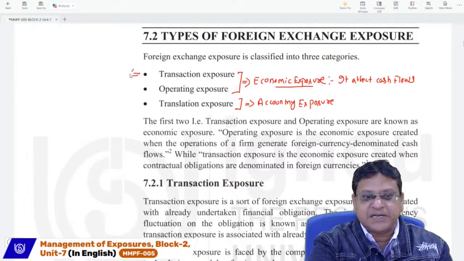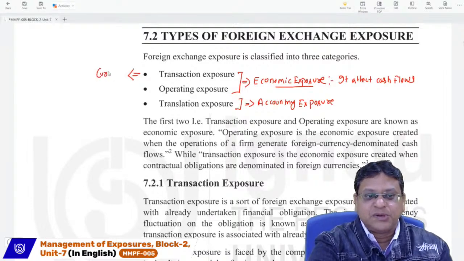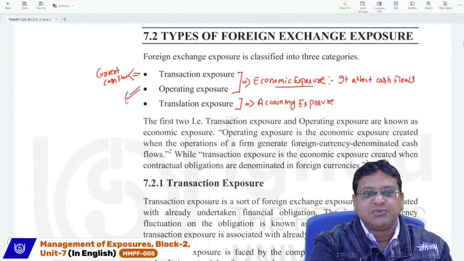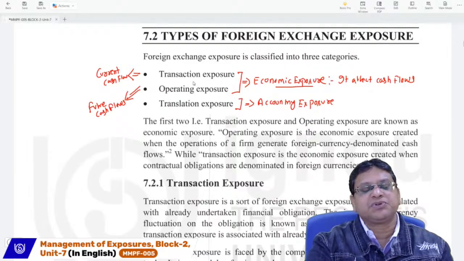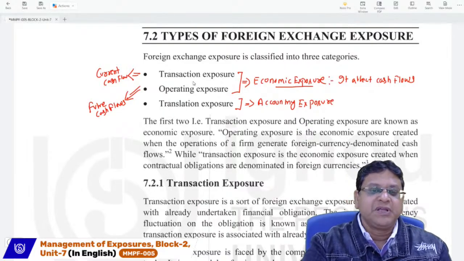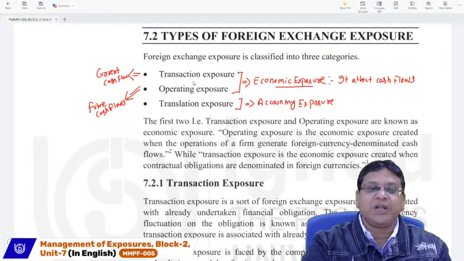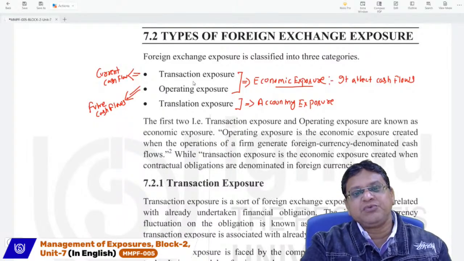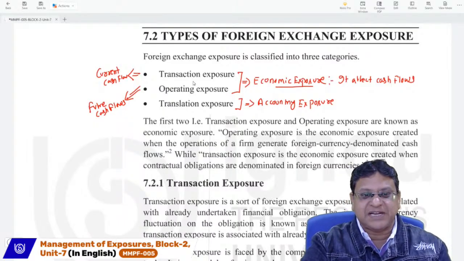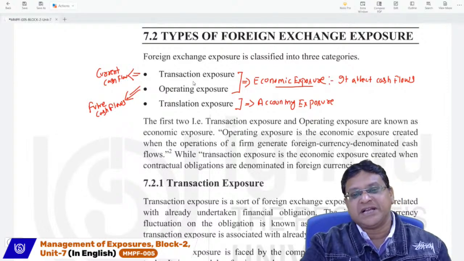Transaction exposure affects current cash flow, whereas operating exposure affects future cash flow. So due to fluctuations of exchange rate, if the current cash flow of the company is affected, that is known as transaction exposure. If future cash flows of the company are affected, that is known as operating exposure.